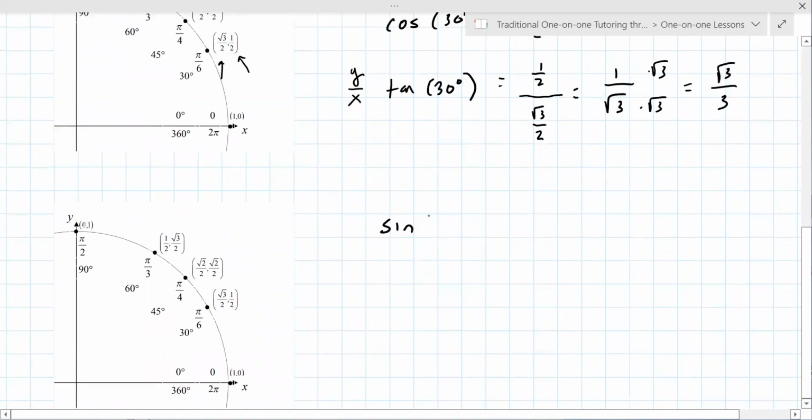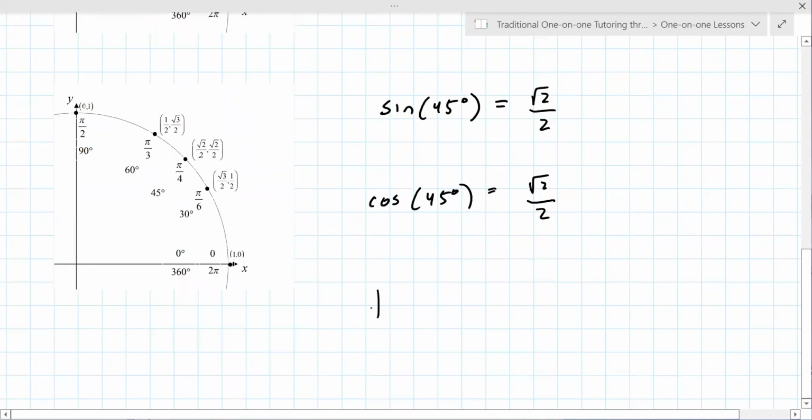So sine of 45 degrees, you look at the 45 degree here, and it's the y value, so it's root 2 over 2. What is the cosine of 45 degrees? Well, it's the same deal, but it's the x coordinate now. They happen to be the same, and that does happen from time to time on the unit circle.